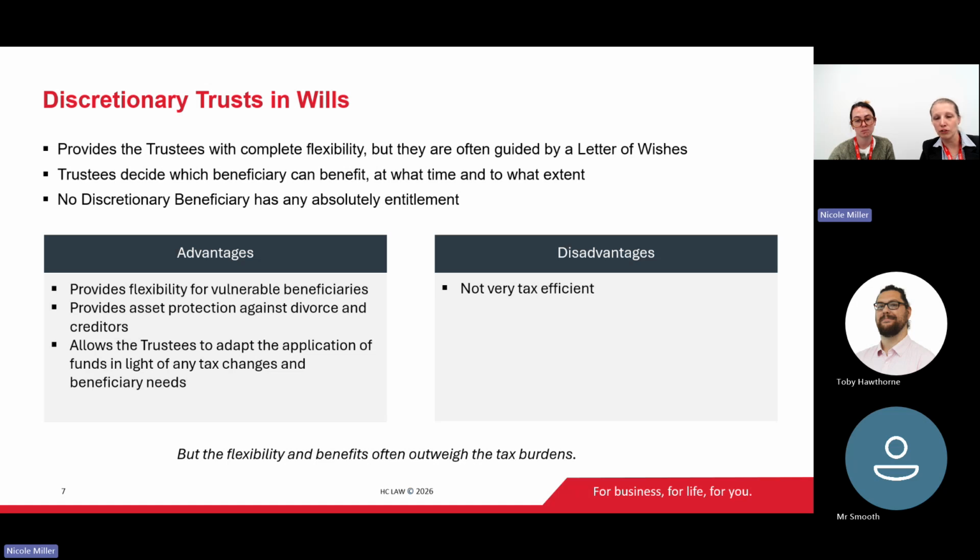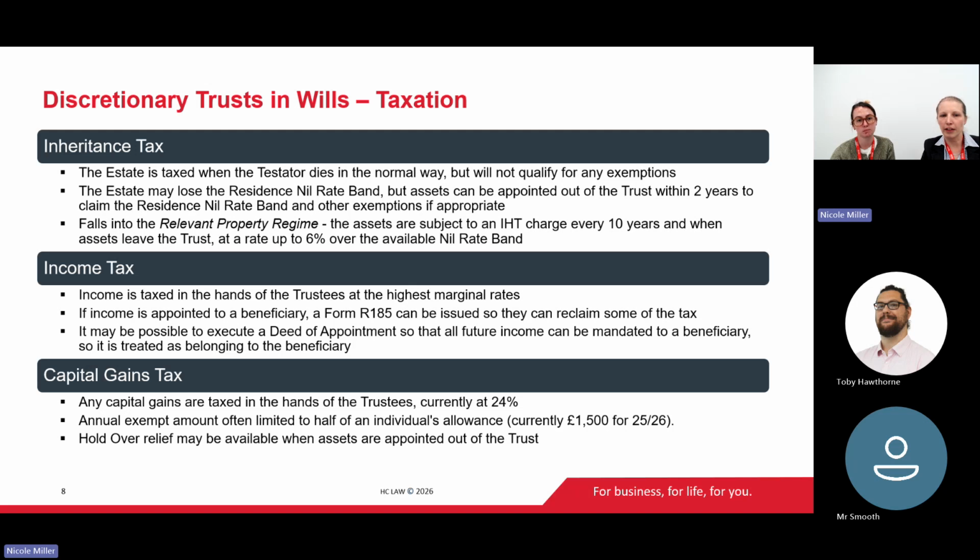But if you appoint funds out of the trust within a 2-year period, then you might be able to qualify for it. So it gives that complete flexibility for the trustees to work out what the tax position might be following the death of the testator, and then apply the funds accordingly. So flexible, and often the flexibility and the benefits outweigh the tax burdens, but the tax side of things very much also needs to be considered.